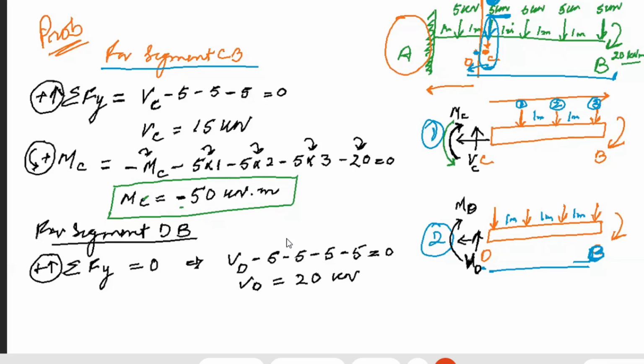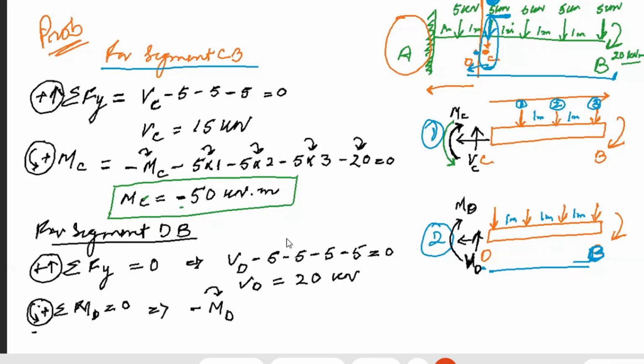Now, when you calculate the movement at D, that will again be equal to 0. Notation is anti-clockwise positive. Therefore, it will be minus MD, because we have assumed it to be clockwise, but notation is anti-clockwise positive.